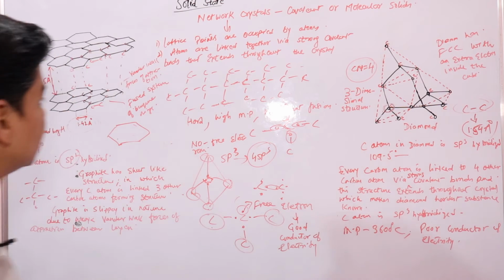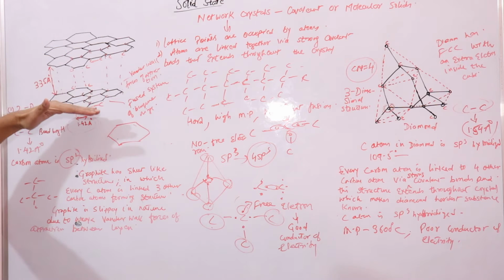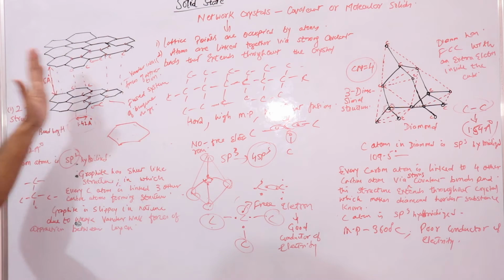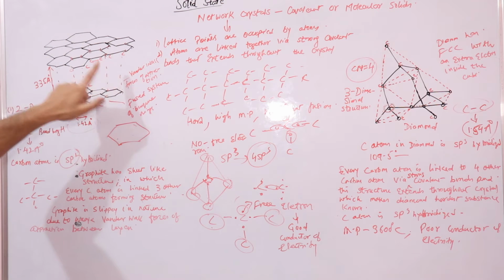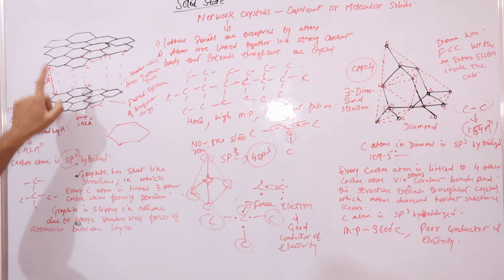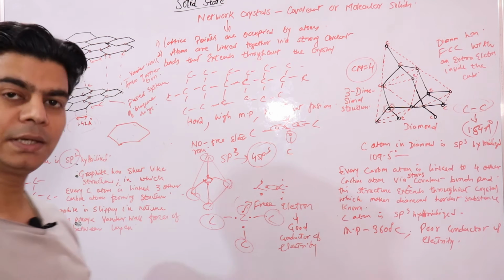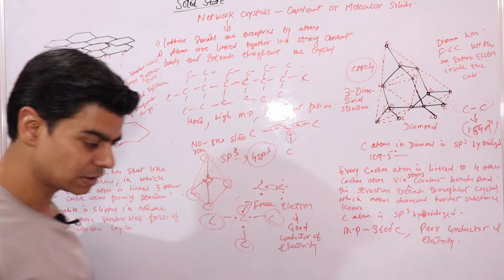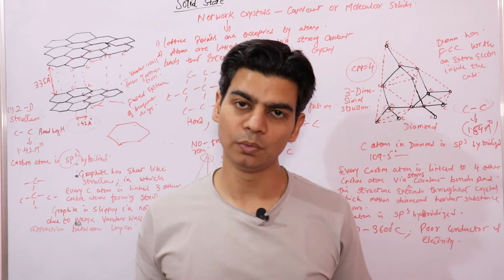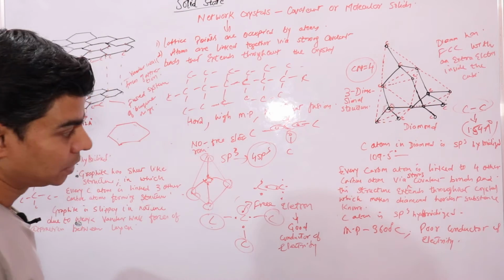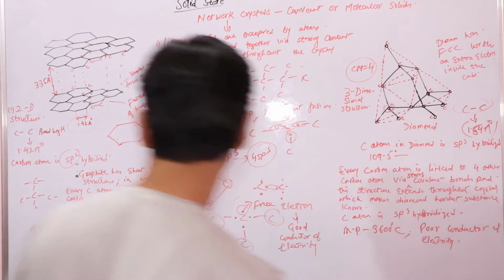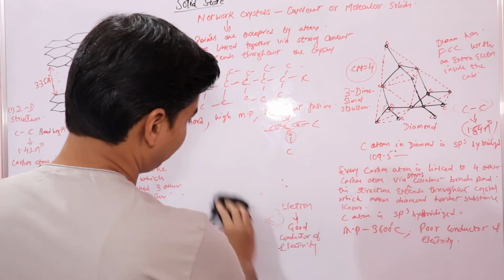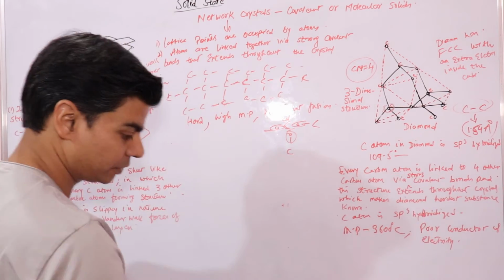This nature of graphite makes it slippery, and because it is slippery, graphite is used as a lubricant. So let me just write it over here. Graphite is used as a lubricant because of its slippery nature.